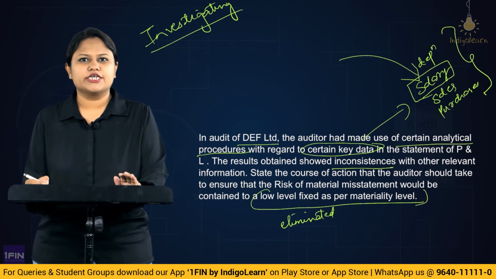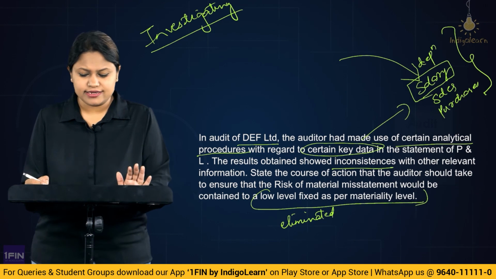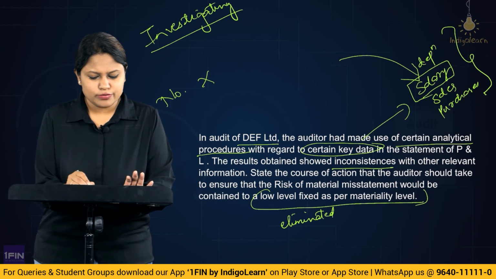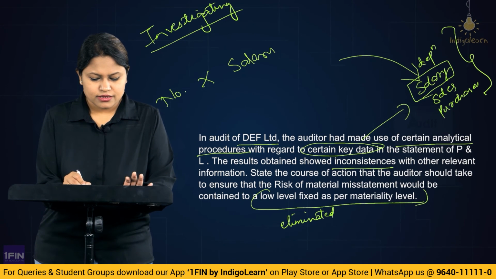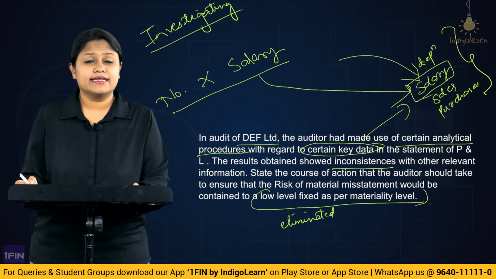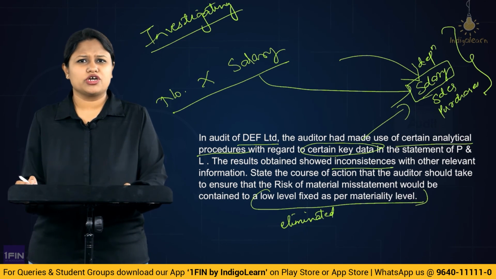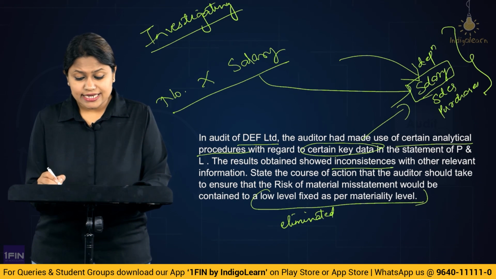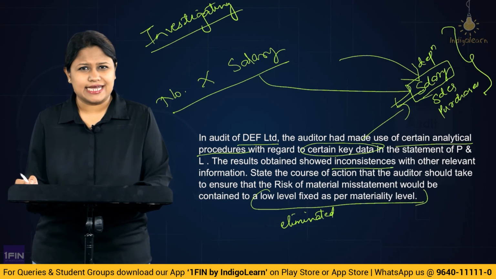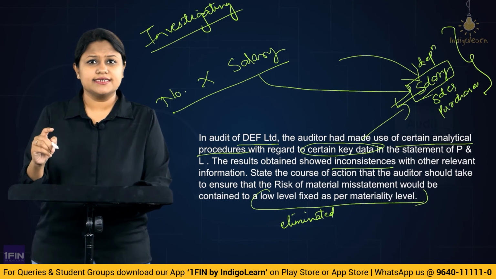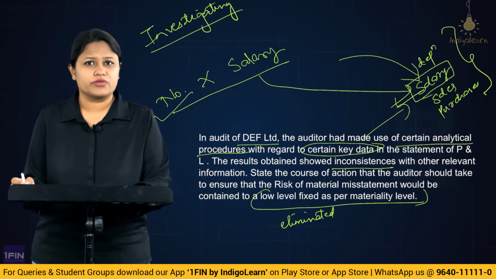But then I did some kind of a reasonableness check where I simply took the number of employees and I multiplied with the average pay. This comparison when I did with the amount of salary, then I realized there is something which is not matching. There is something which is unreasonable. So the evidences that I obtained while checking salary as a part of the documentary evidences is now inconsistent with the analytical procedure that I performed.